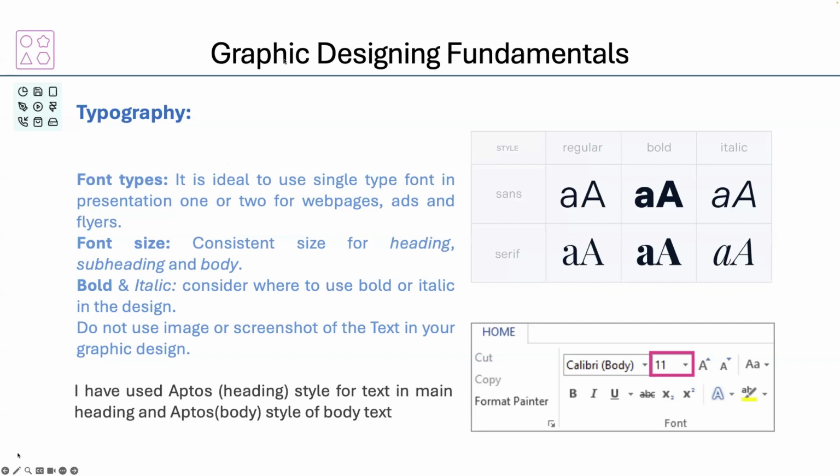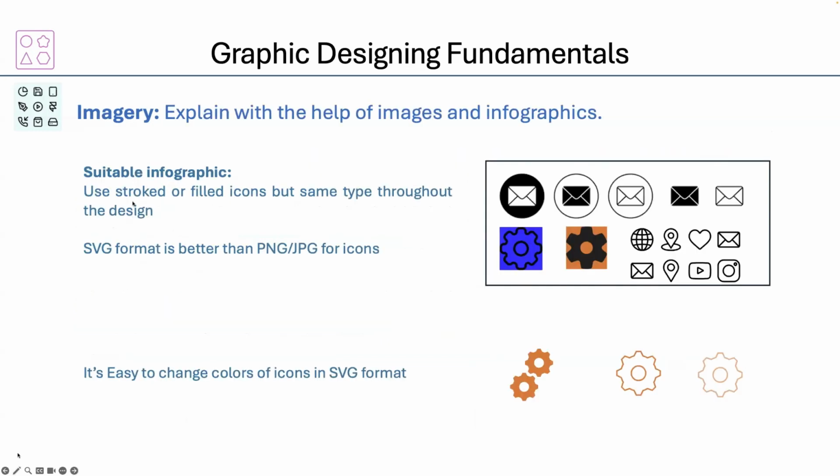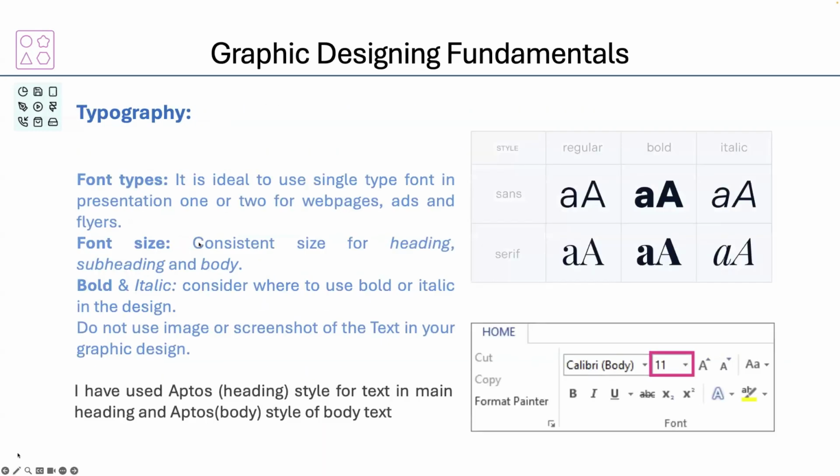For example, in headings I have used Aptos Heading, and in other parts of the slide I have used Aptos Body. So this all is body, sorry, and the heading is Aptos Heading. So this is the same type of font, but a little difference in heading and the body.